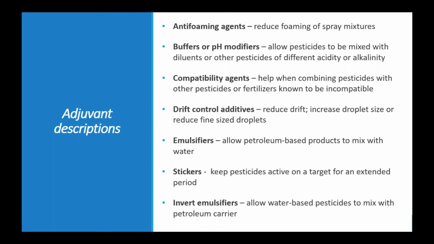Drift control additives reduce drift, increase droplet size, or reduce fine size droplets. Emulsifiers allow petroleum-based products to mix with water. Stickers keep pesticides active on a target for an extended period. And invert emulsifiers allow water-based pesticides to mix with petroleum carriers.